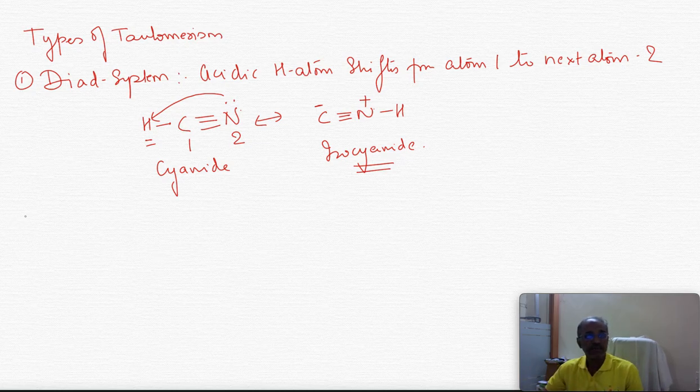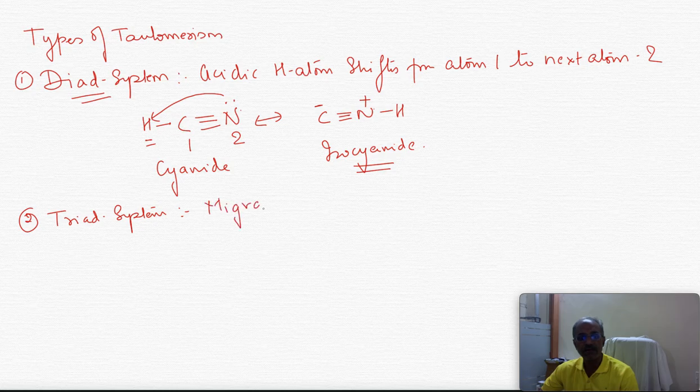Now the second one is triad system. I hope you have understood what you mean by the dyad system. Dyad system means from atom number 1 to atom number 2, and in triad system, what happens is the migration of hydrogen atom.